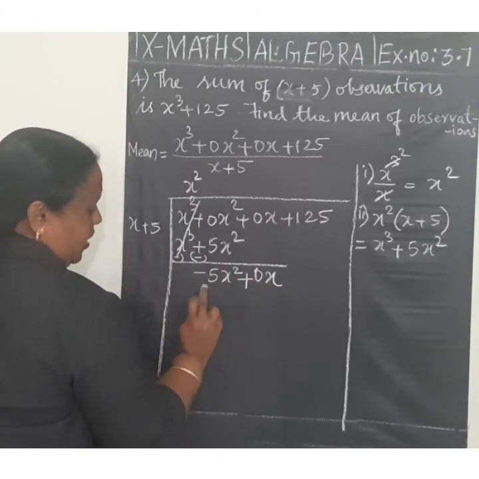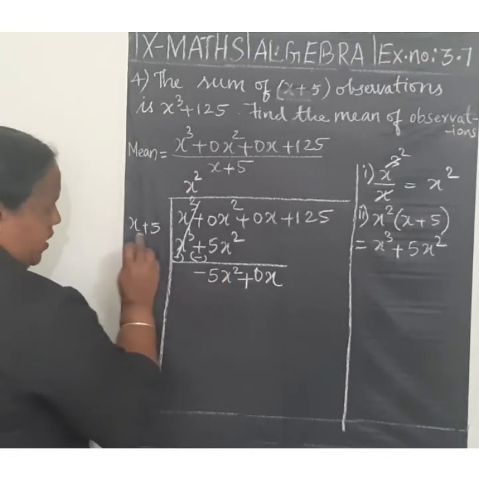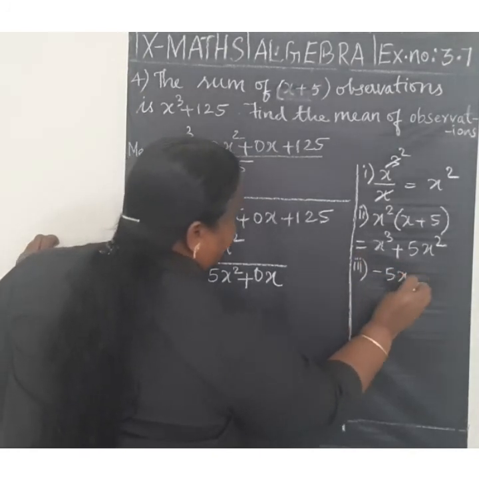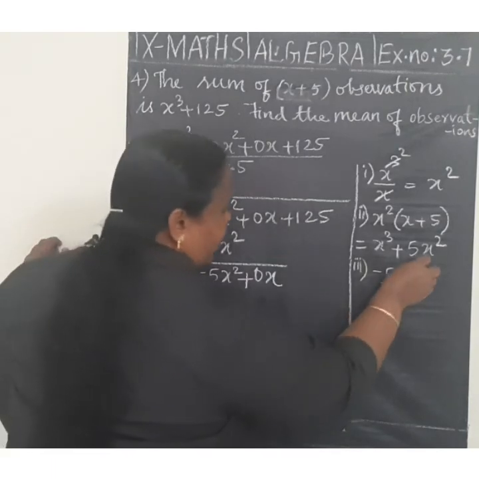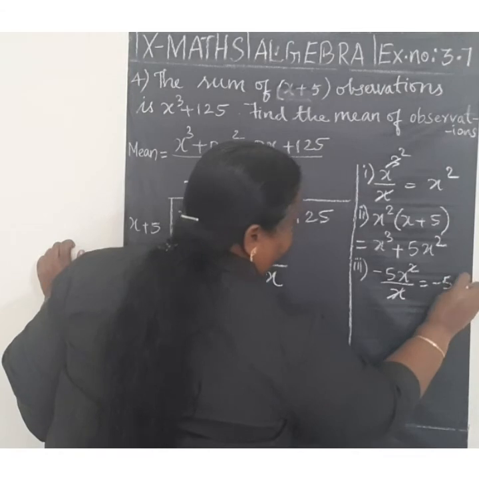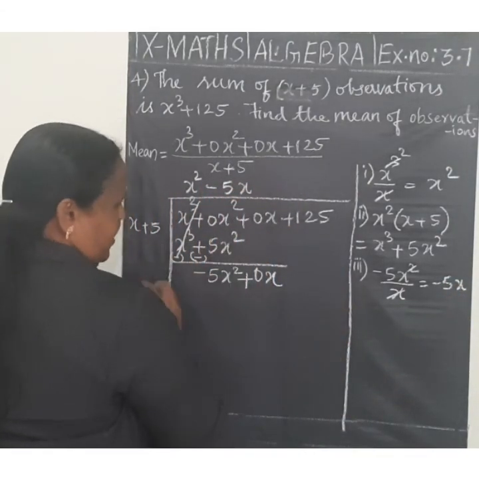In this, the first term is minus 5x square. We have to divide it by the first term of the divisor. So the third step is minus 5x square divided by x. So x gets cancelled, and it is equal to minus 5x. So here we put minus 5x.